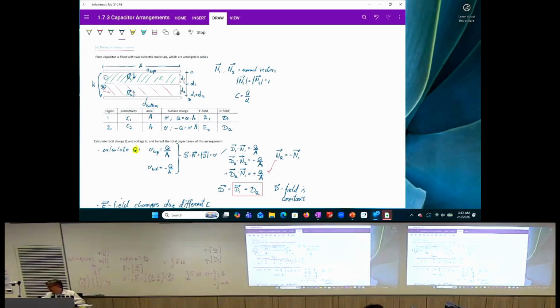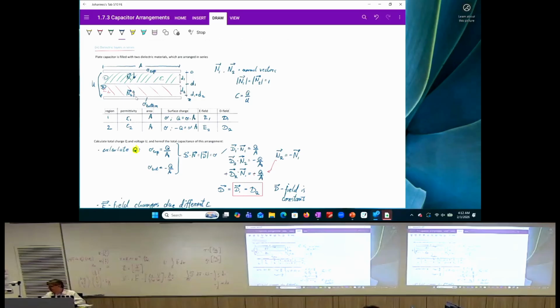We split up this integration path into two sections: from 0 to d1 the first section, from d1 to d1 plus d2 the second section.